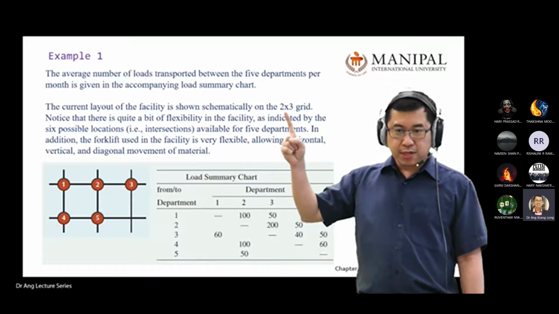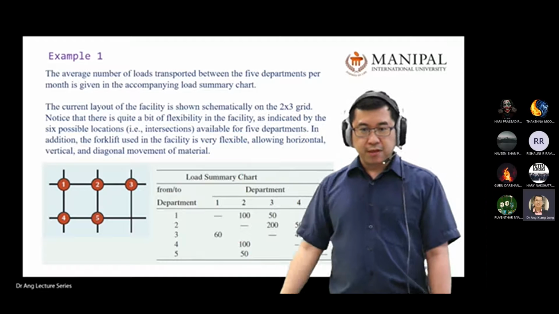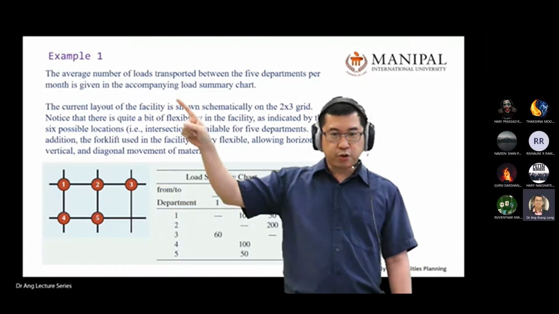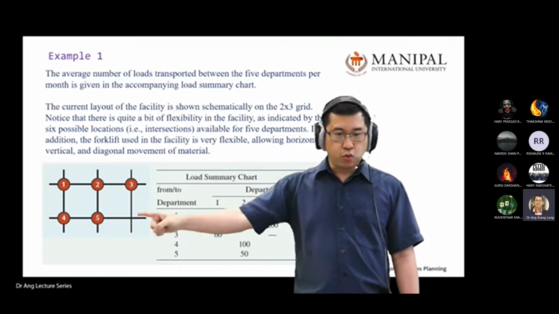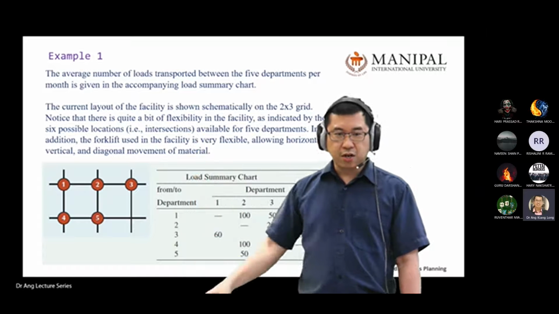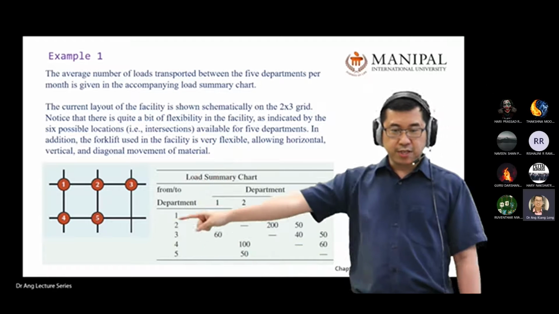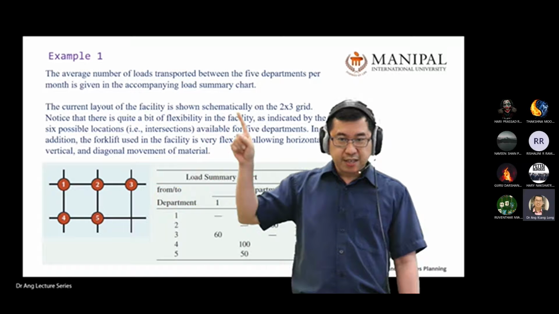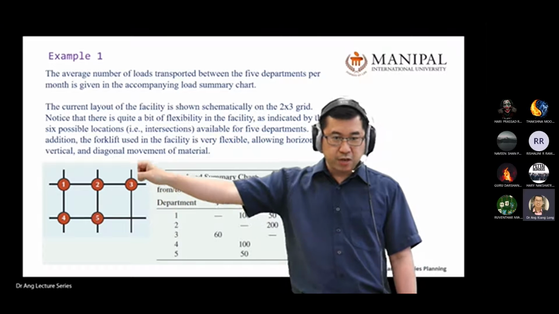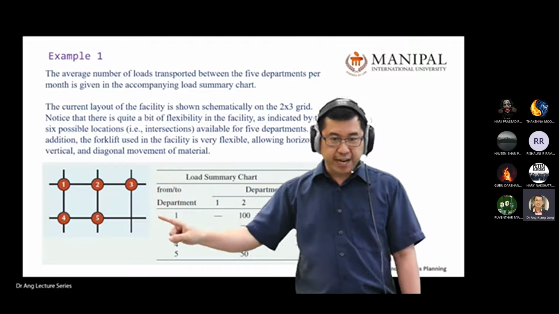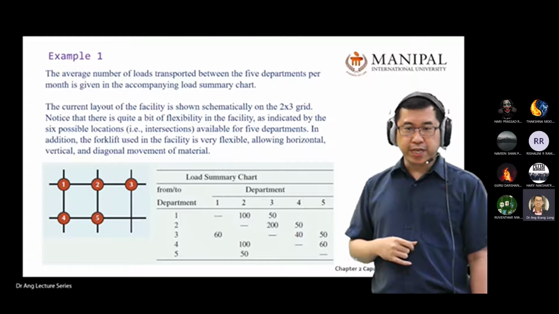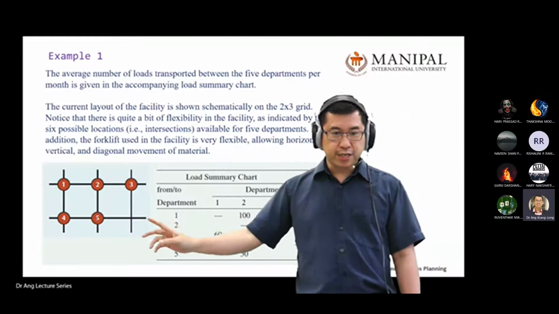Meaning you place your process or equipment in a 2 row, 3 column kind of setting. You see there's 6 points there, right? If you do 2x3, you get 6 possible positions. 1, 2, 3, 4, 5, and number 6 is here. You have 6 possible locations to put your facilities.